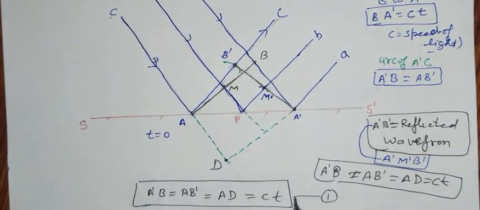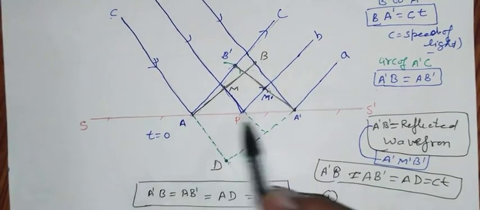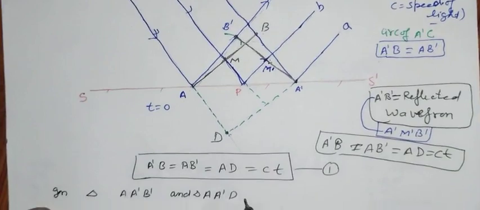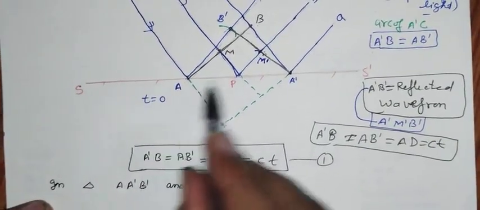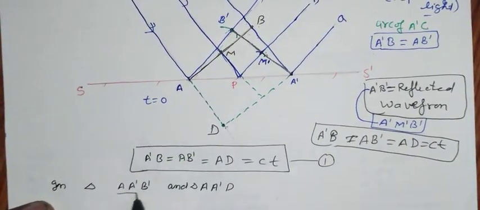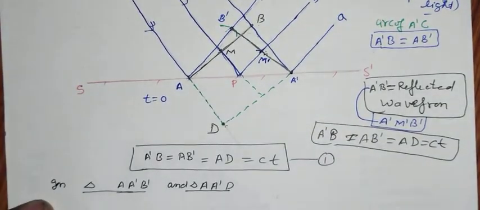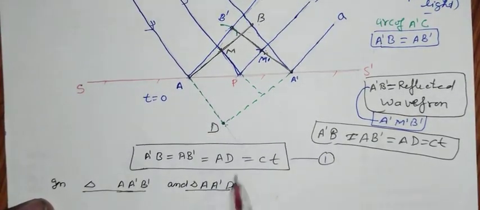Now we are going to take two triangles, A dash B dash A and A dash D A. These two triangles we are going to look at. In both triangles, see what things we are taking.